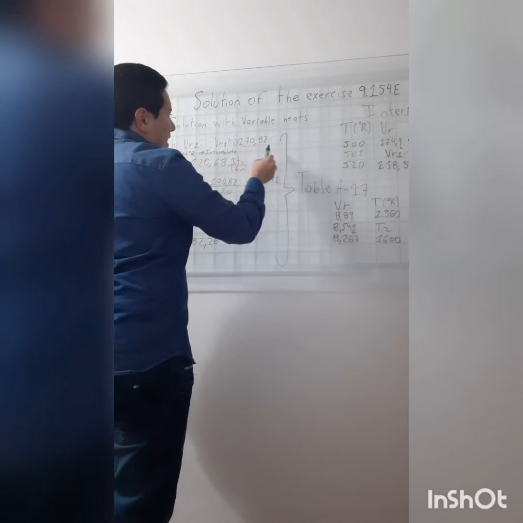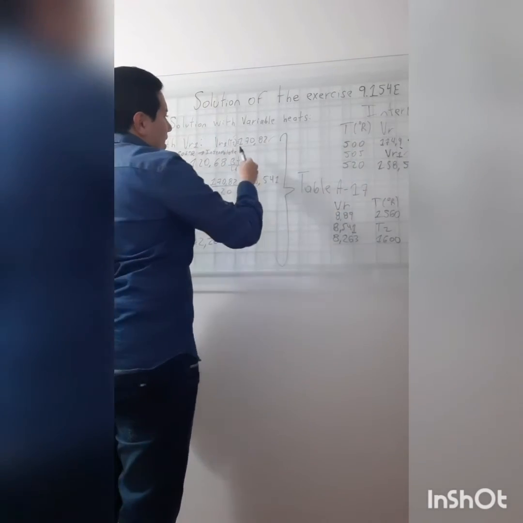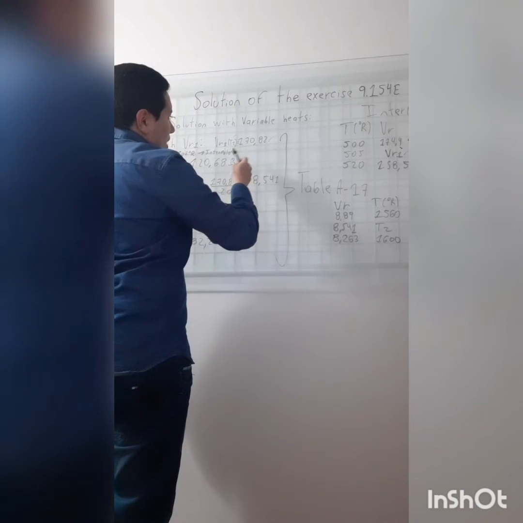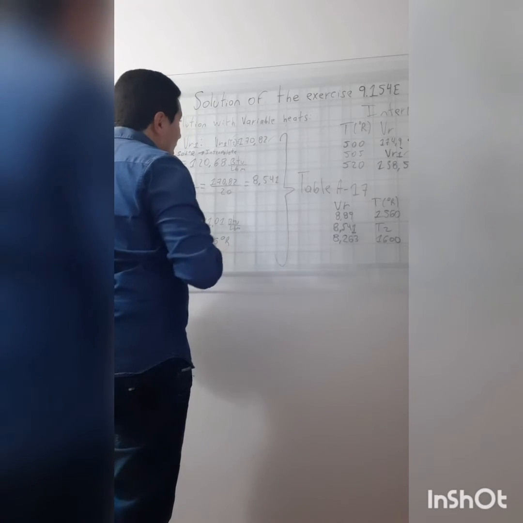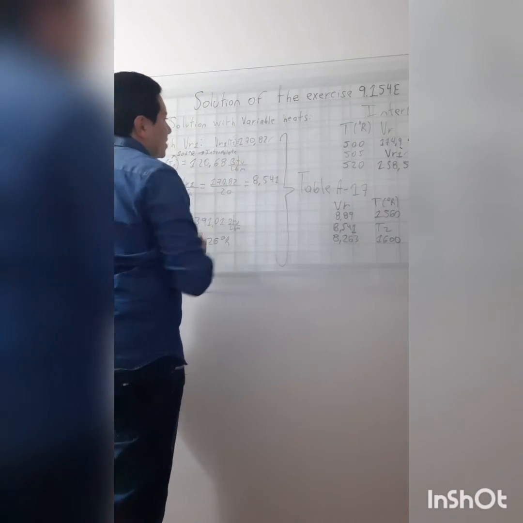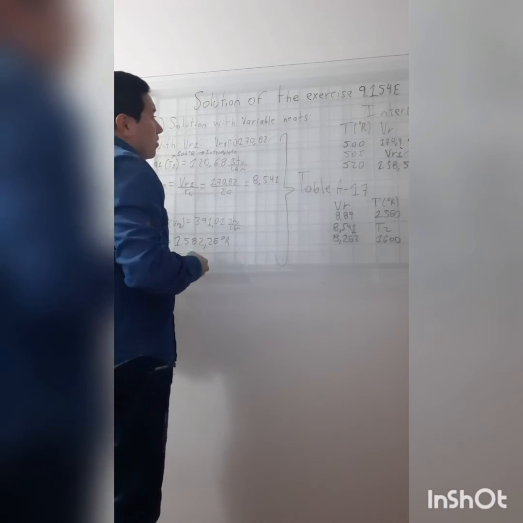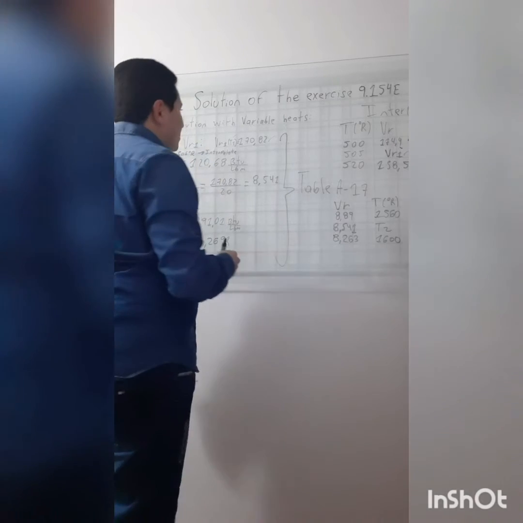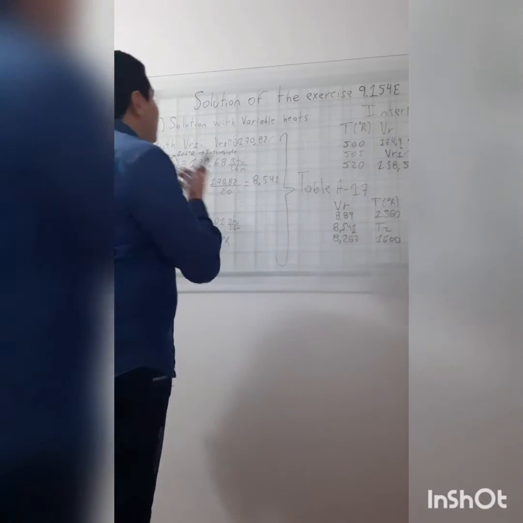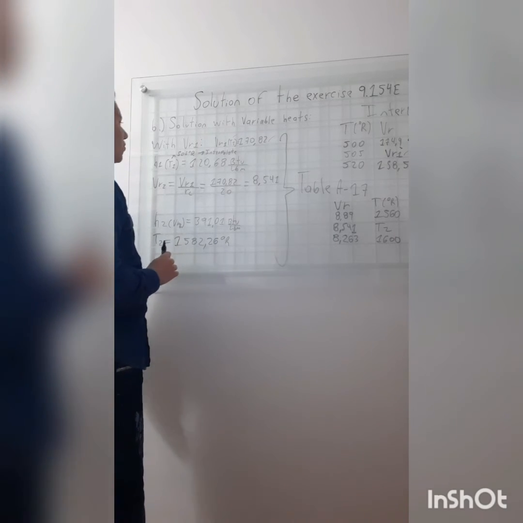In this case, interpolating these values, I calculate this value, 170.82, and this is the value of reduced volume 1.